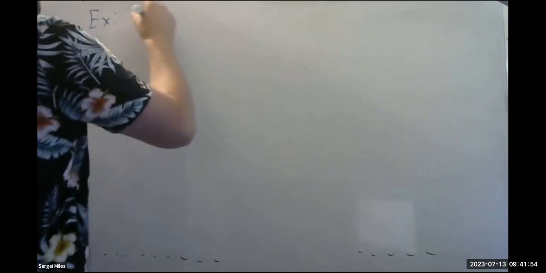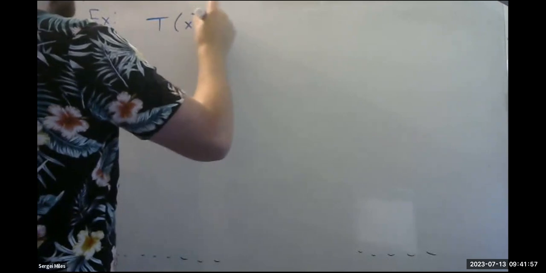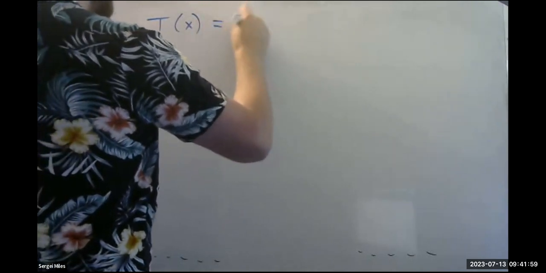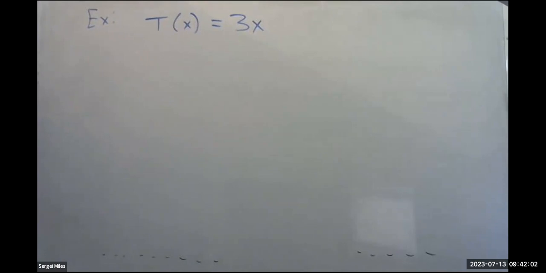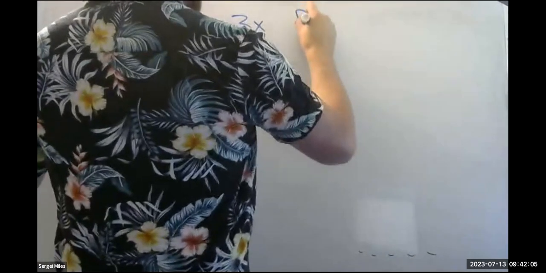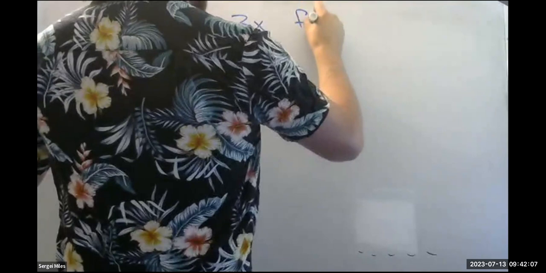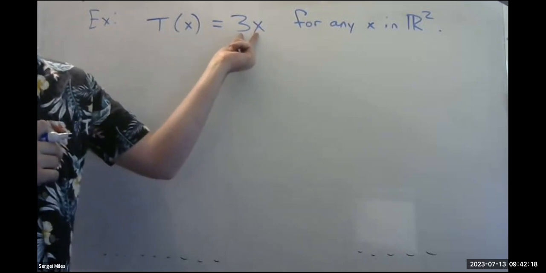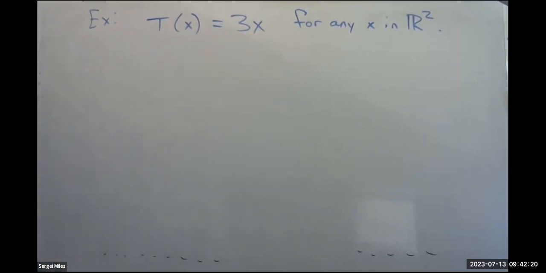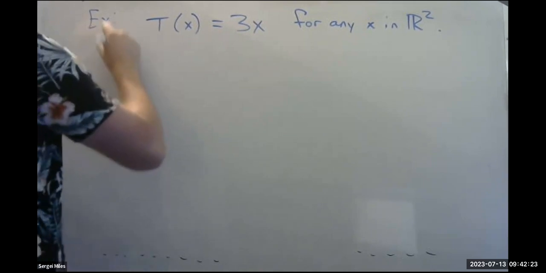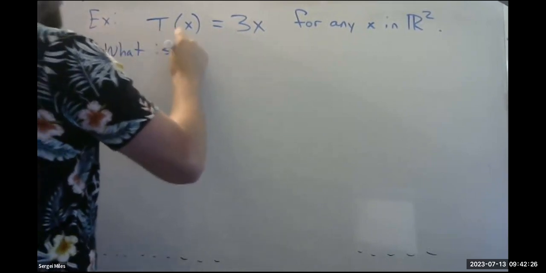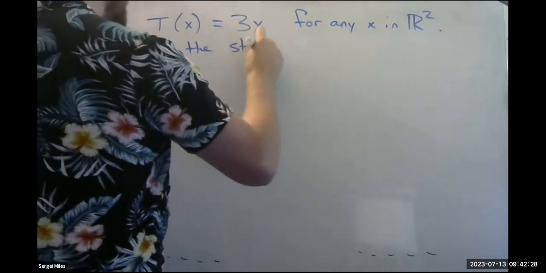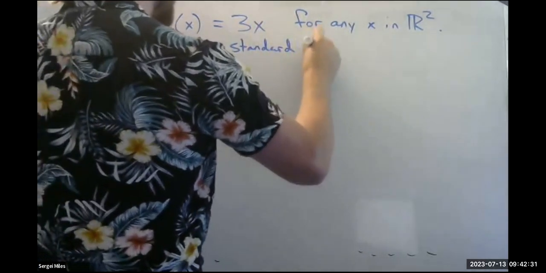And I tell you that I want this transformation to change the vector x so that it becomes 3 times bigger, for any x in R2. Well, I've written this transformation as just the vector getting scaled, but I want to know, what is the standard matrix?